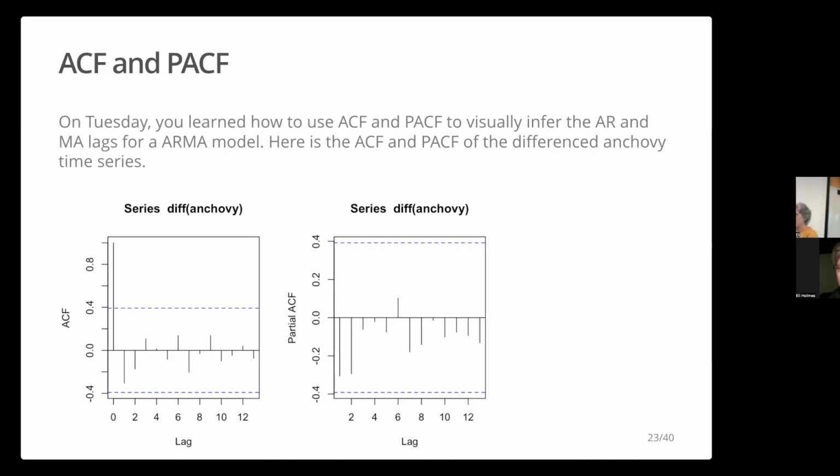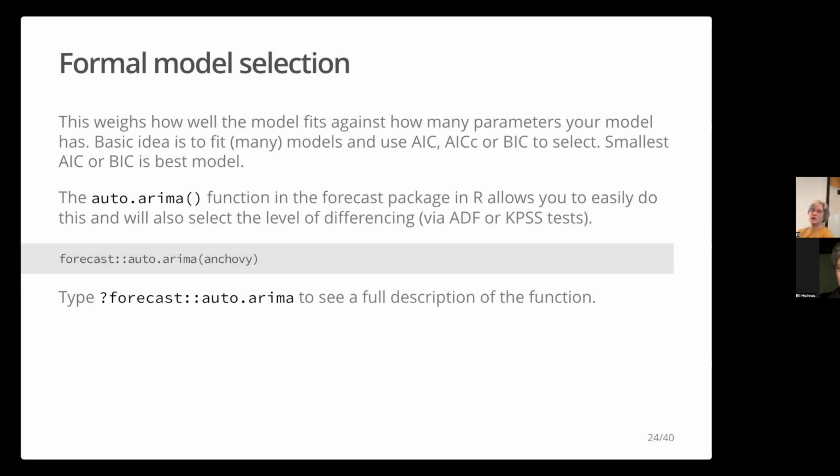However, in practice, when you are selecting these models, the way it's done in the final analysis is via model selection criteria. In the forecast package, you could use AIC, AICc, which is corrected for short time series, or BIC.